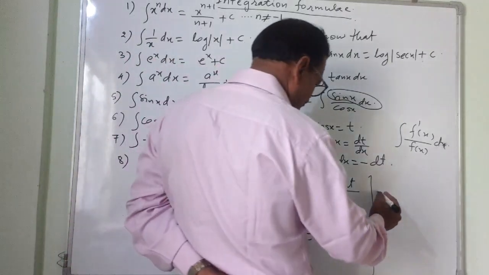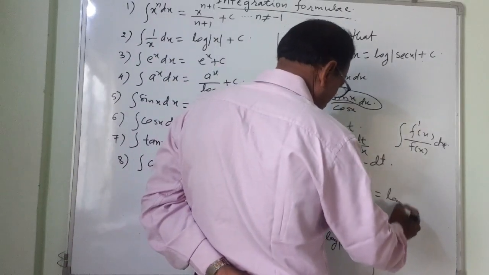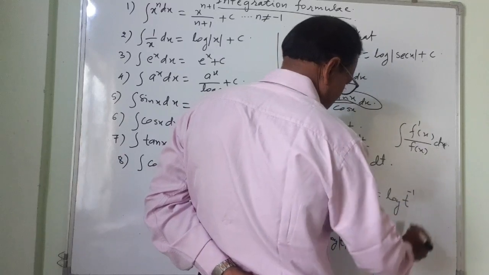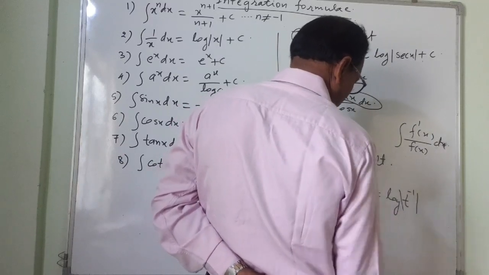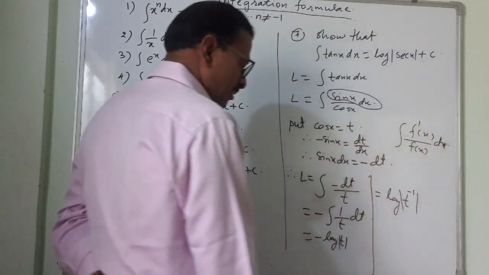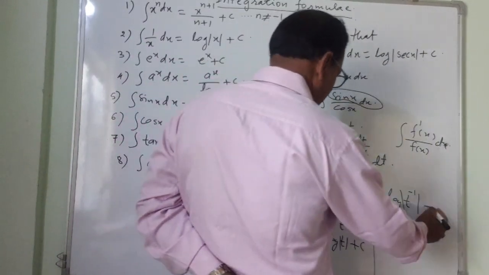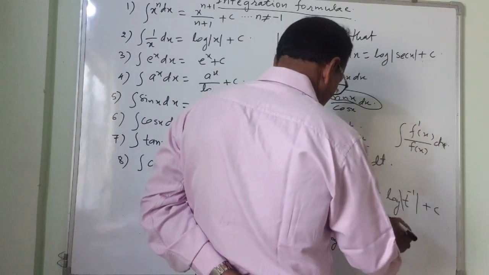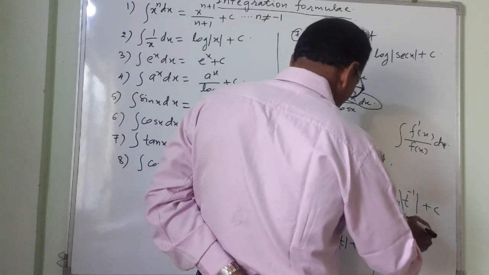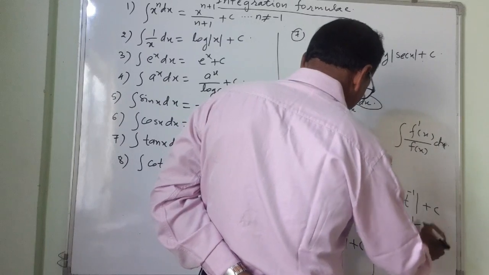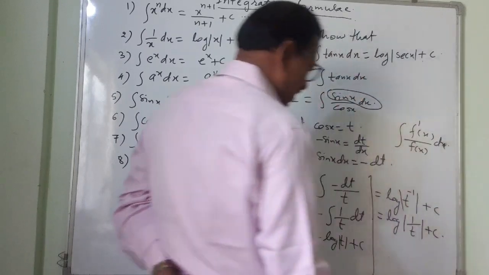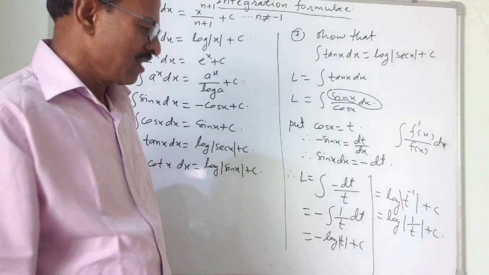If I take this minus inside, then it will be log of t raised to minus 1, plus constant of integration c, which is always there. This is nothing but log of 1 upon t plus c.